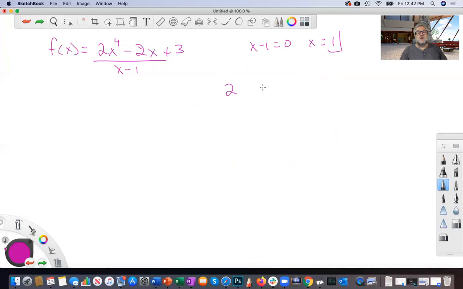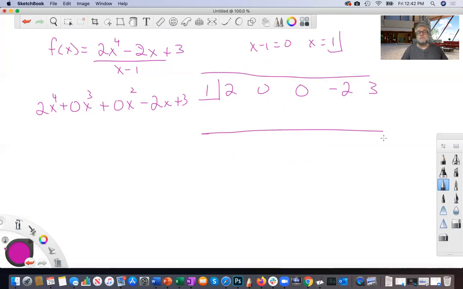The coefficient on x cubed is 0. So this should really be 2x to the fourth plus 0x cubed plus 0x squared minus 2x plus 3. So our coefficients are 2, 0, 0, minus 2, 3, and we go into the penalty box.